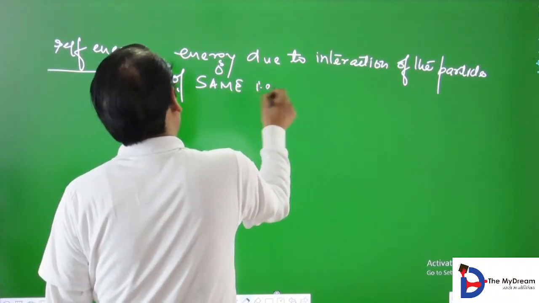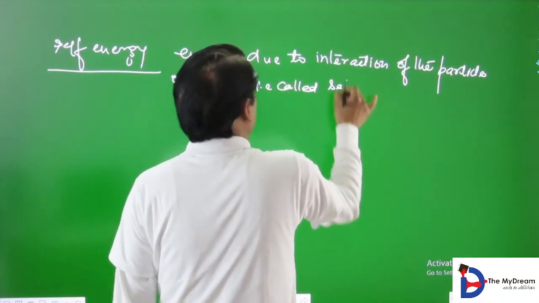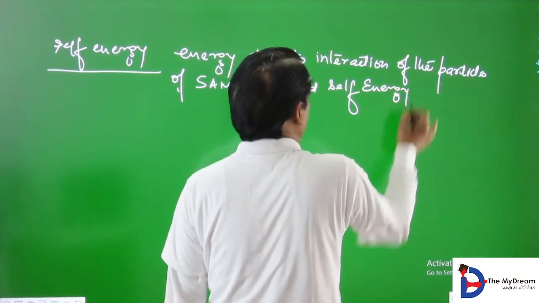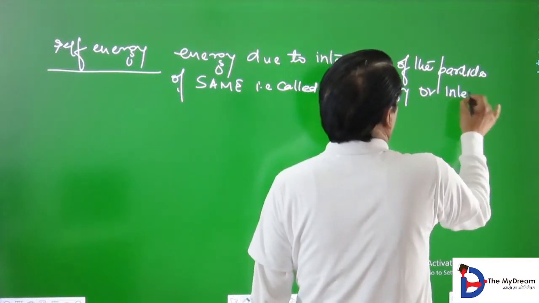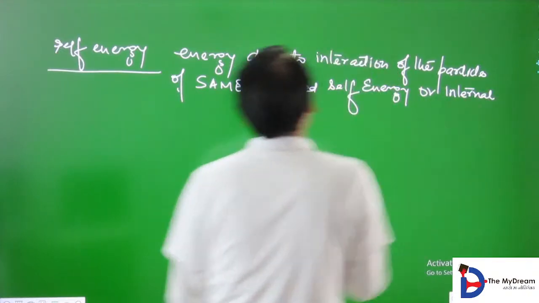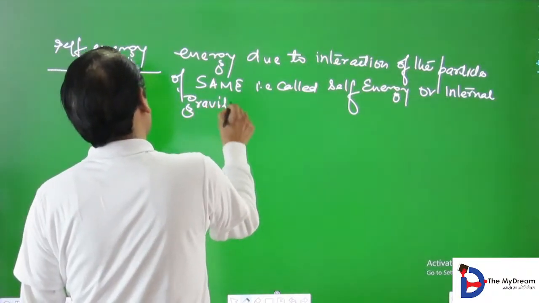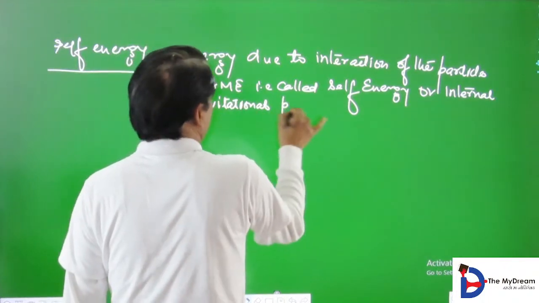That is called self-energy, or the internal gravitational potential.